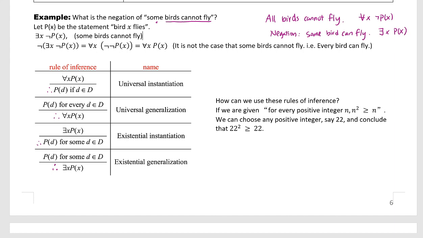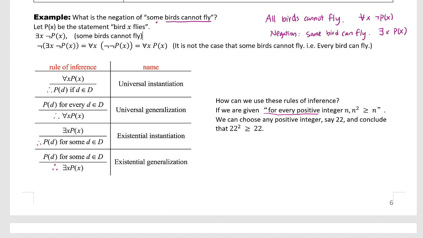Okay, how can we use these rules of inference? If we're given that for every positive integer n, n squared is greater or equal to n, then we can choose any positive integer such as 22, and conclude that 22 squared is greater or equal to 22. Which rule are we using?